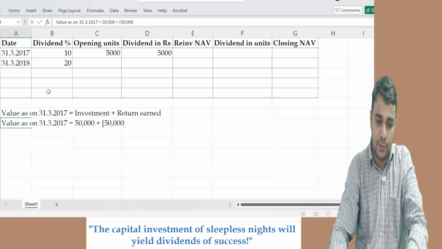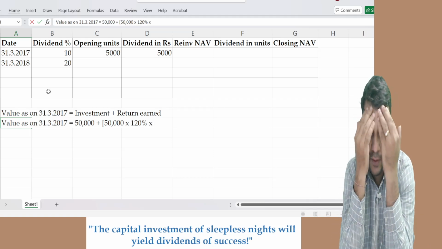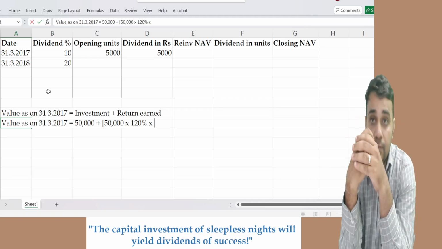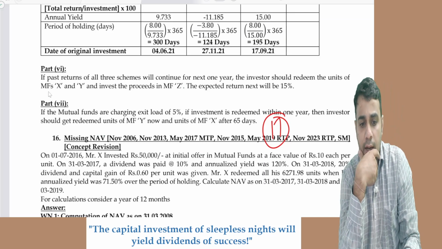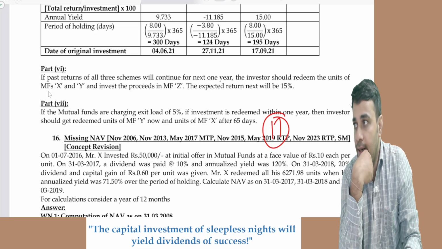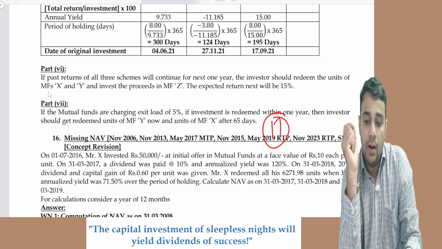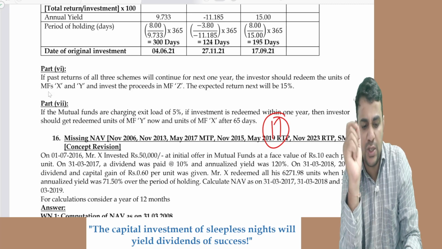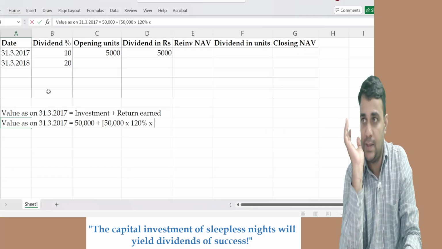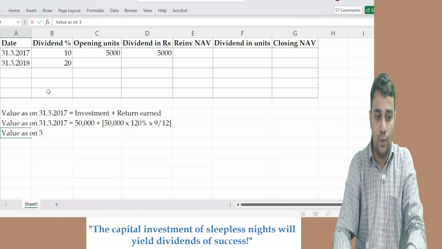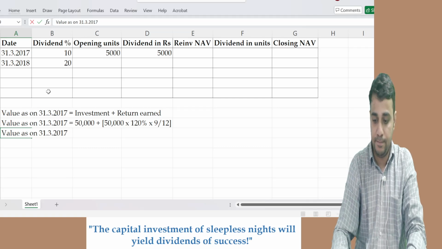Return earned is 50,000 into 120% into, from your date of investment, how many months? We invested on 1/7/2016. So from there to 31/3/2017, I have 9 months. The question very clearly said to consider a year of 12 months. 9 by 12.